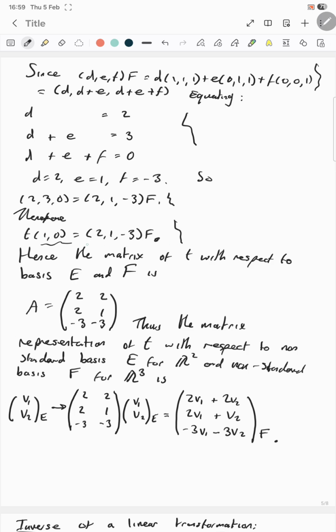So therefore this transformation is given here. Hence the matrix of T with respect to basis E, F is this. Thus the matrix representation of T with respect to non-standard basis E for our plane and non-standard basis F for our space is this.